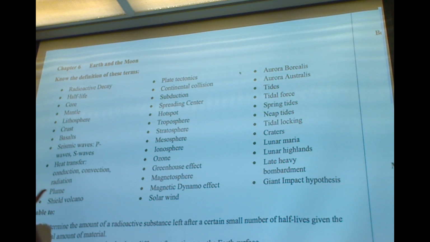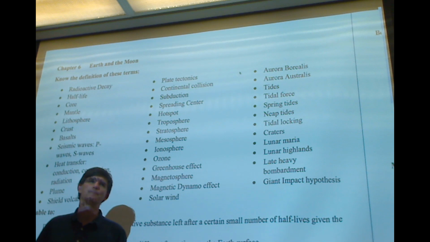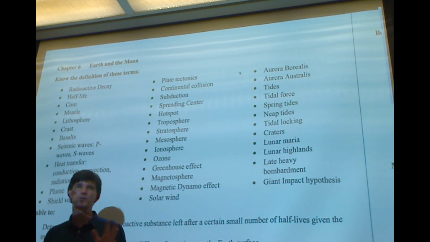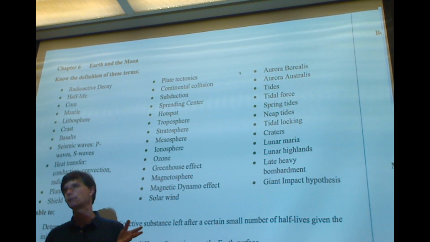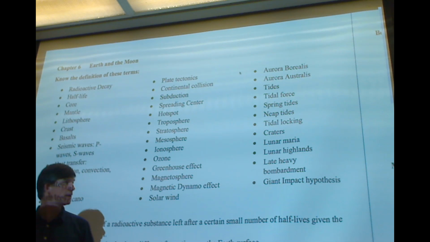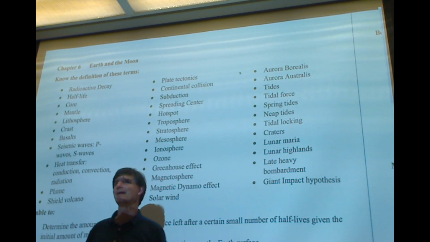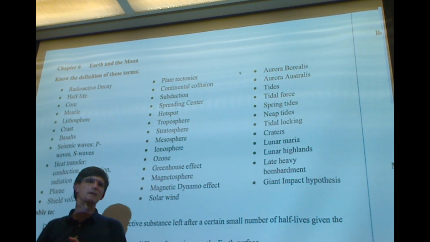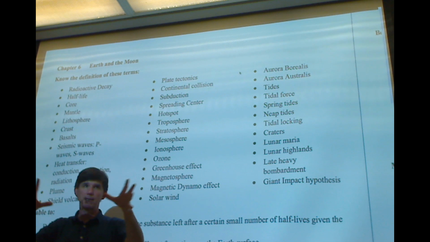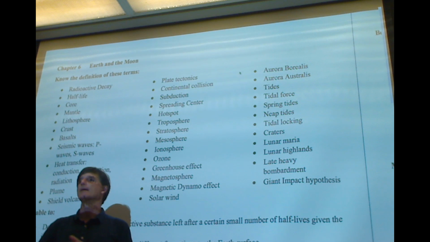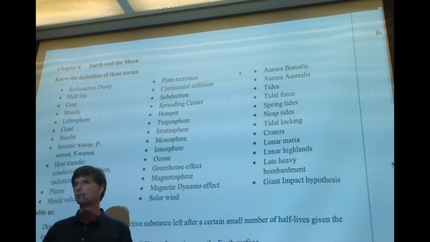And the maria were formed about how long ago? The late heavy bombardment, you're supposed to know roughly when it was. About 4 billion years ago, 3.8 billion, 4 billion years ago. Late heavy bombardment was a period of time when everybody on the inner part of our solar system got hit by lots of debris.